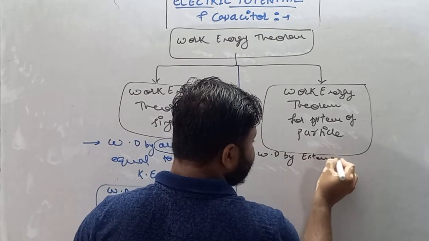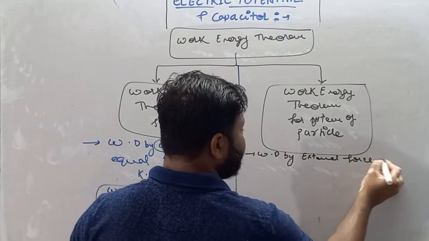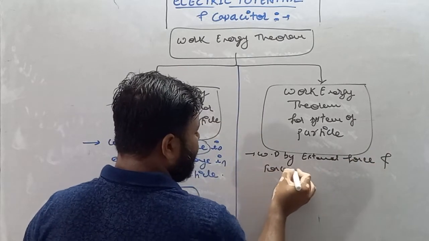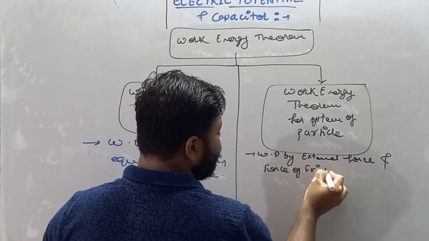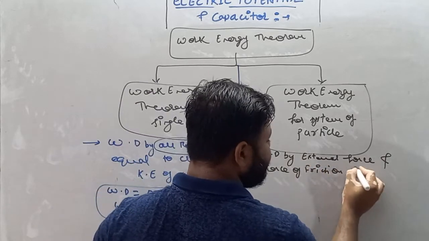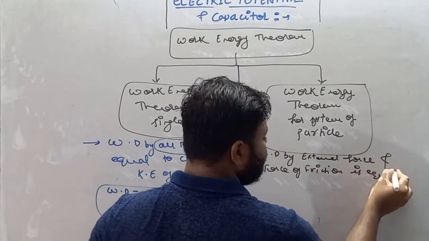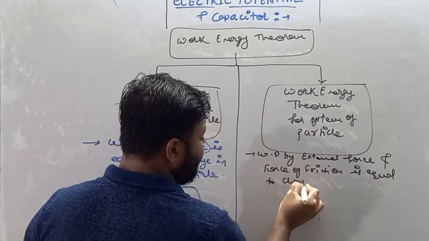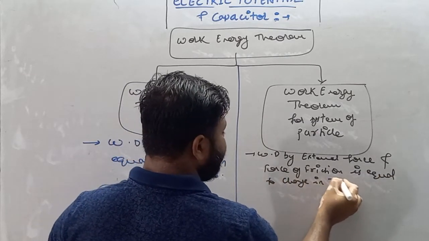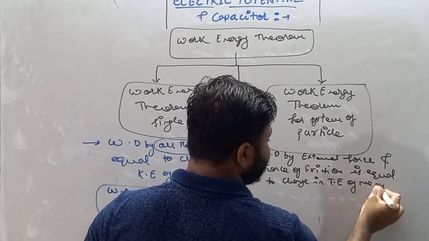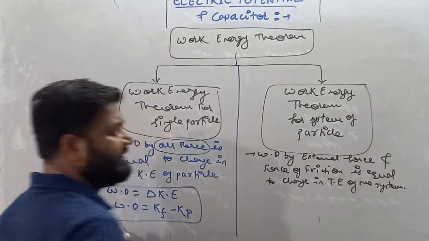Work done by external force and force of friction is equal to change in total energy of the system.